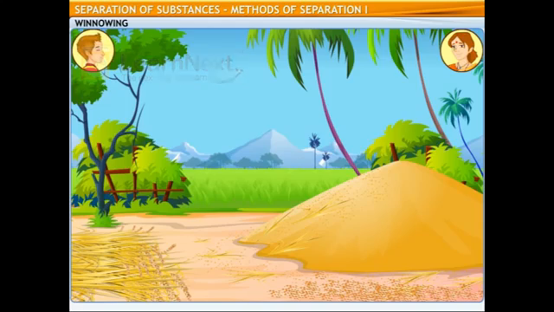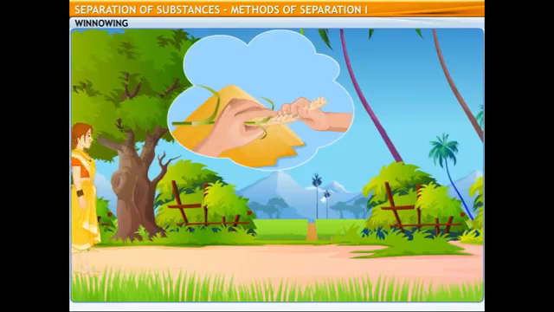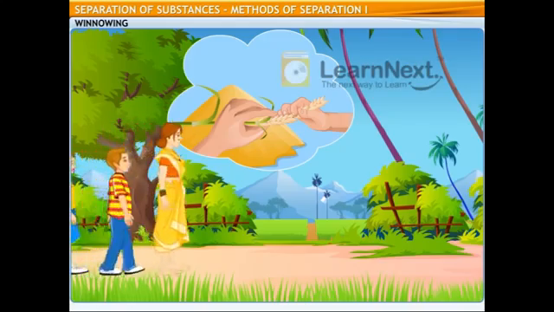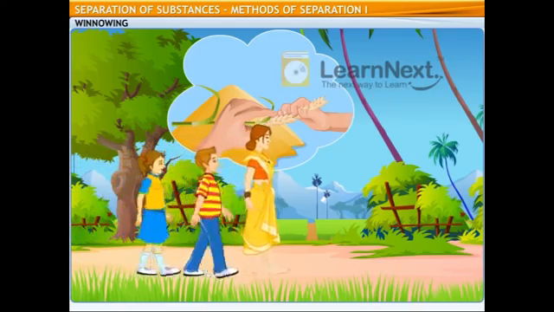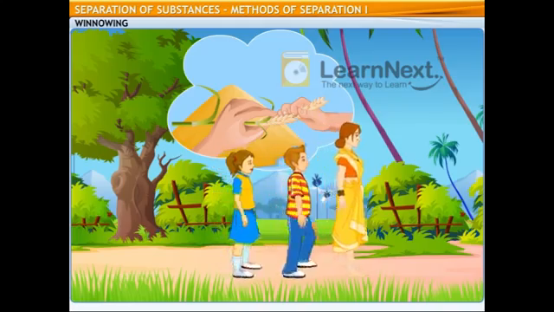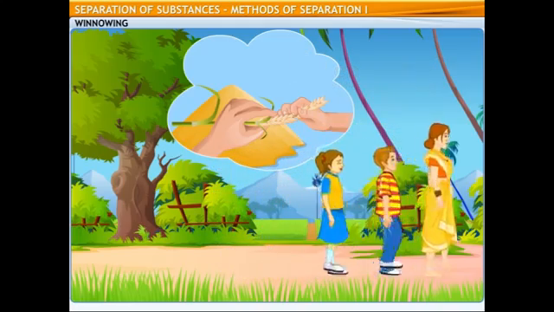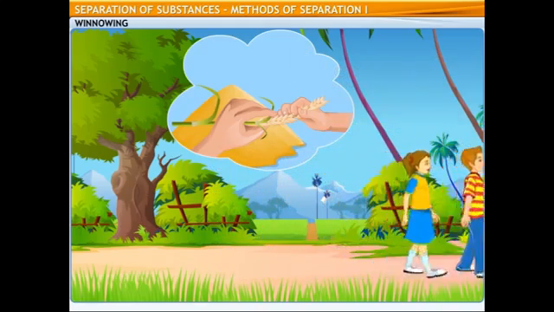But can that be done by hand picking? No, it would be too difficult and would take too much time. Instead, we use a method called winnowing.